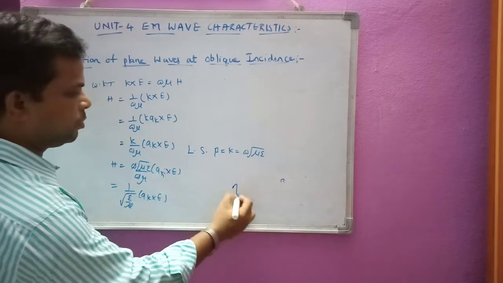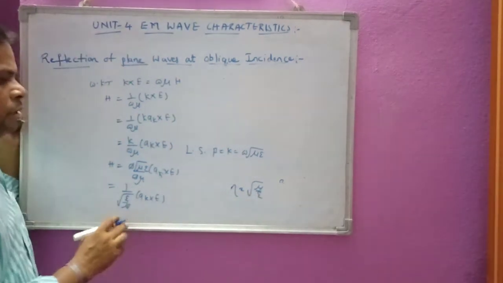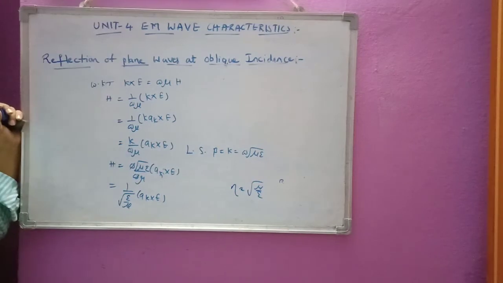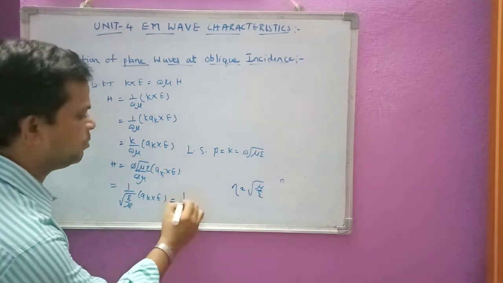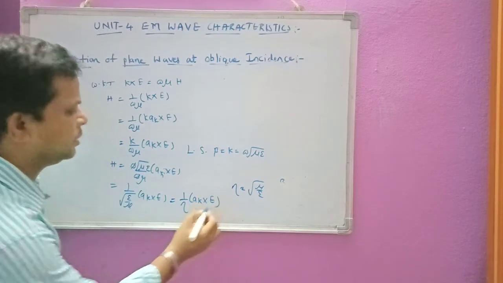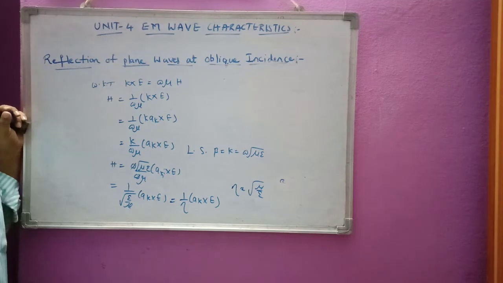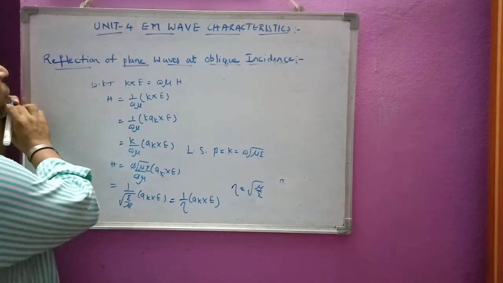We know that eta is equal to square root of mu by epsilon, so this is 1 by eta, a_k cross a_E. Here eta is the intrinsic impedance of the space, so that is what we are going to show.